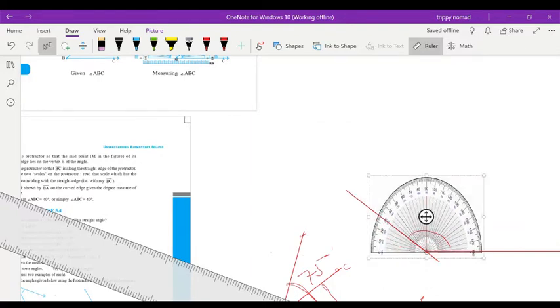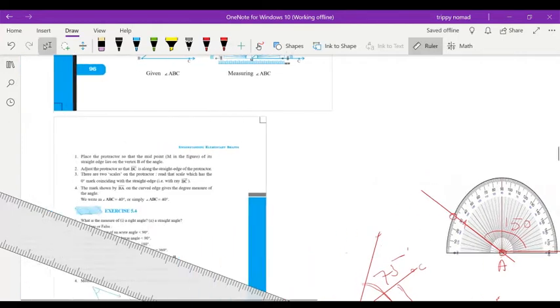Now I hope you understood. This point of line segment A should come in the middle, and where this one coincides, that is 150 degree. Lower number 150 degree for left side. So what is the measure of this angle? That is 150 degree. I hope you understood how to measure or how to draw.